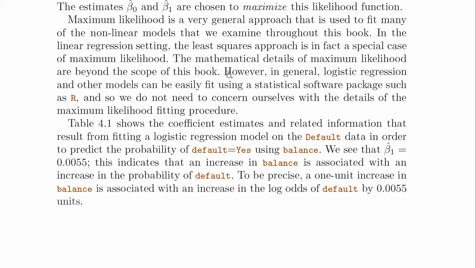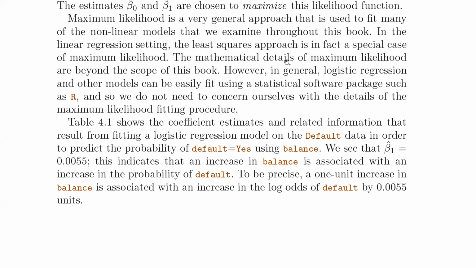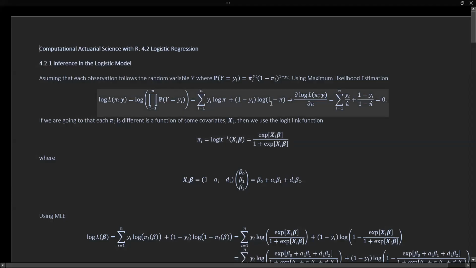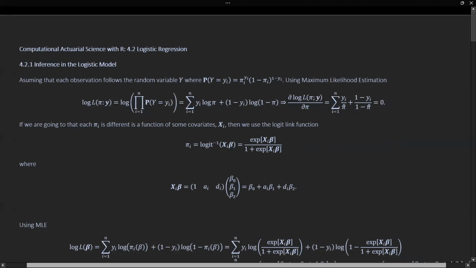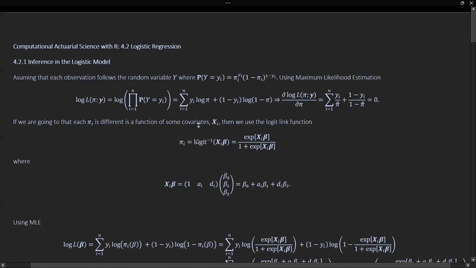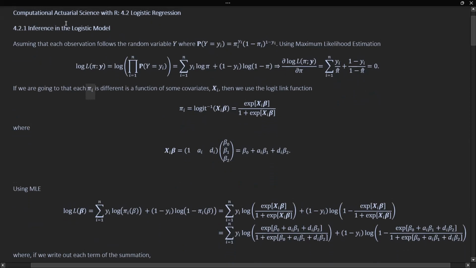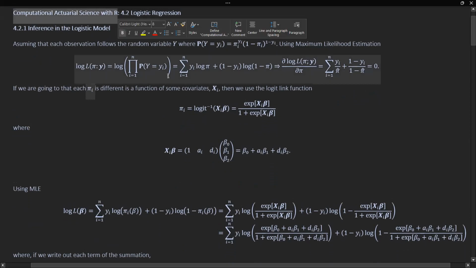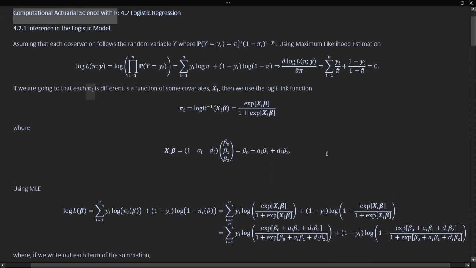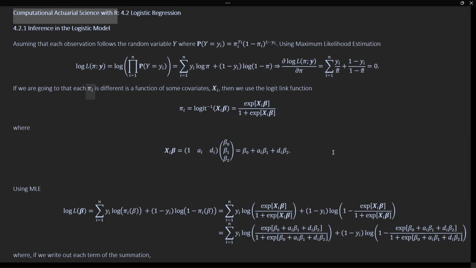In fact, we have a note over here that the details of maximum likelihood are beyond the scope of the book. At some point, we could use my own personal notes from when I was reading another book, maybe a bit more geared towards actuarial science from its name, but also with heavy emphasis on R. We could actually go into some of the details of how you would estimate these betas. Really, there are 3 steps.